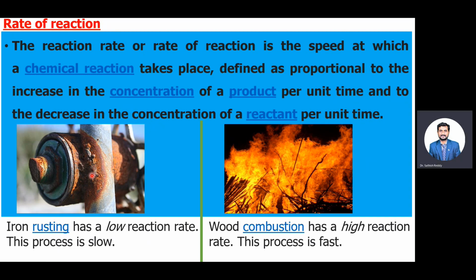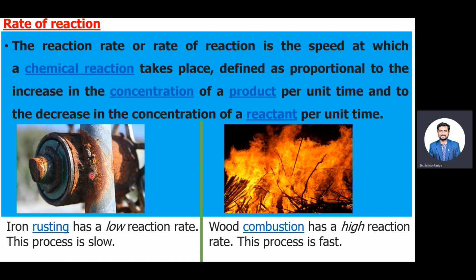The reaction rate we are measuring with respect to time. The concentration of the reactant is decreasing with respect to time, and the concentration of the product is increasing with respect to time.